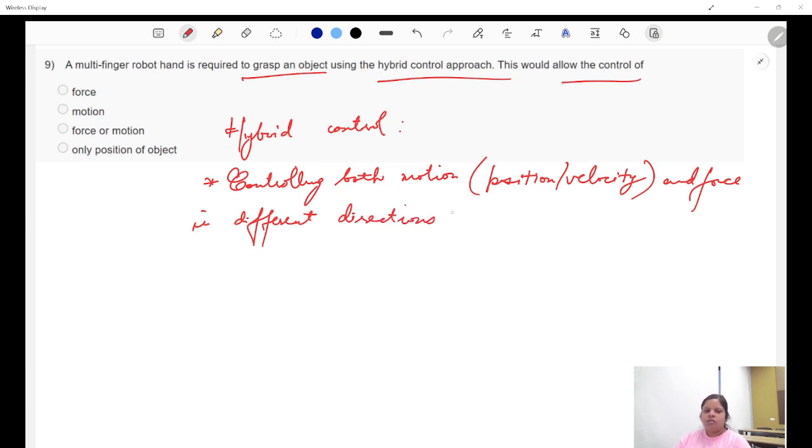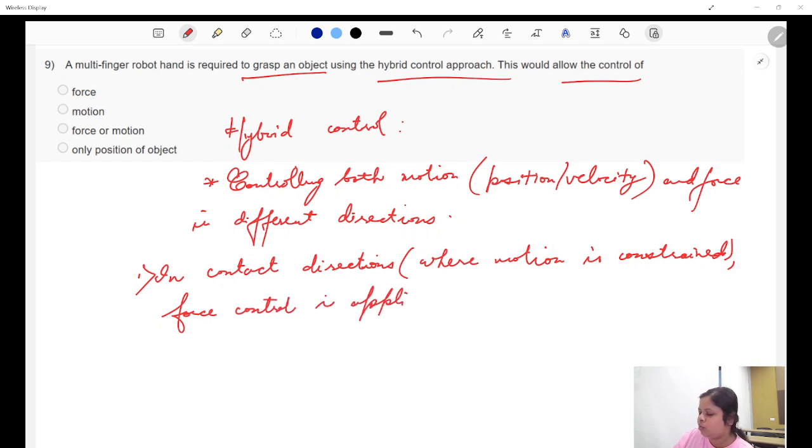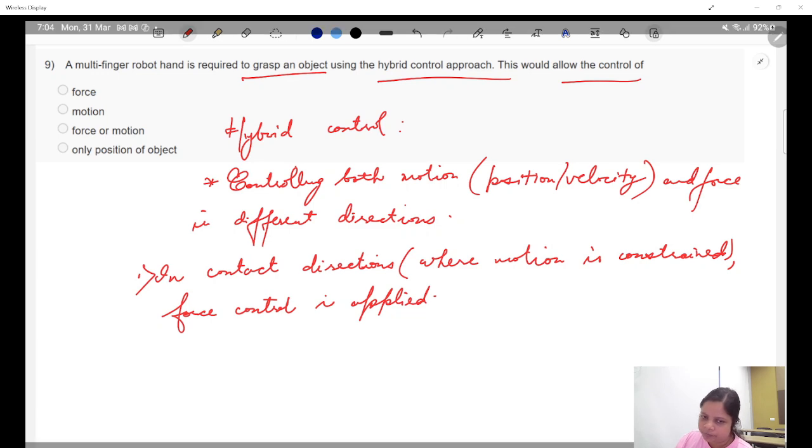In contact directions, which is where motion is constrained, force control is applied because there's no point in applying velocity control there.